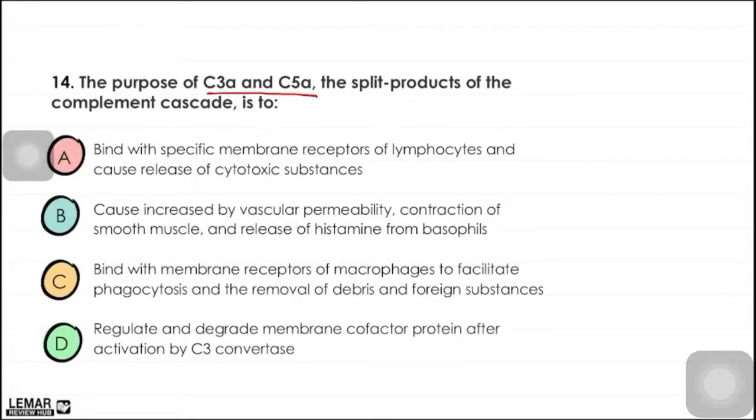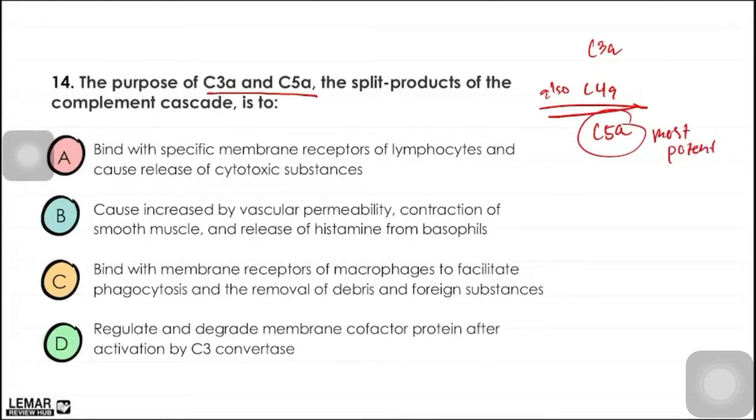Okay? So, among our anaphylatoxins, including also C4a, these are C3a, C4a, and C5a. If asked which of the following is the most potent, this is C5a. Most potent would be C5a, followed by C3a, followed by C4a.